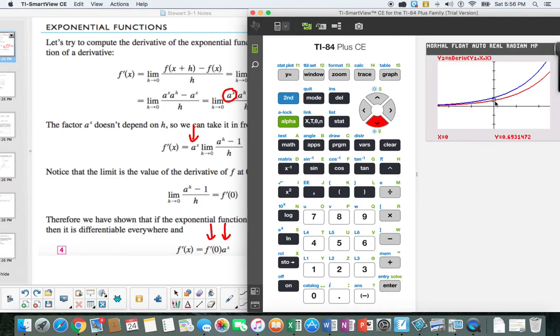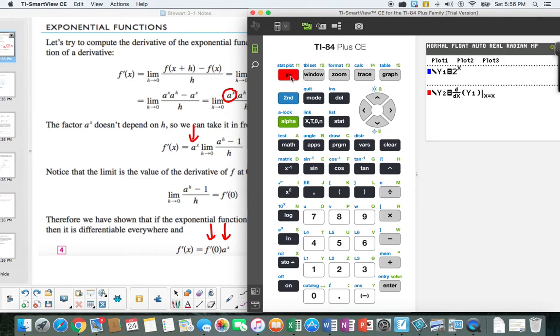Notice that the derivative's value at 0 is 0.6931. So what this function is saying is it's taking every y value and multiplying it by 0.6931. And that's why the derived function is sitting lower underneath the original function.